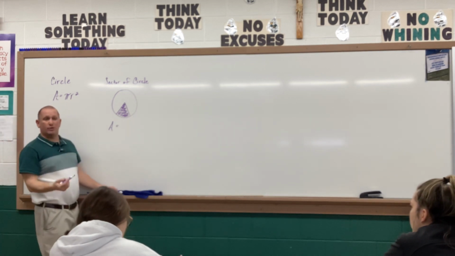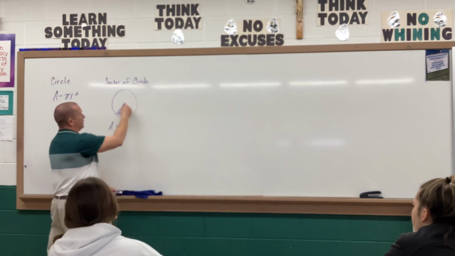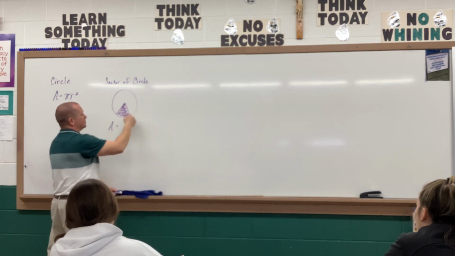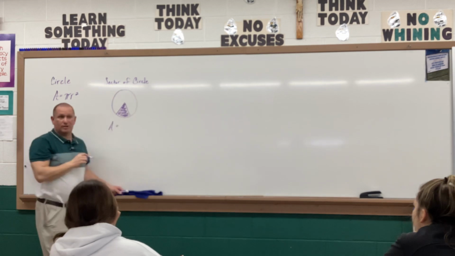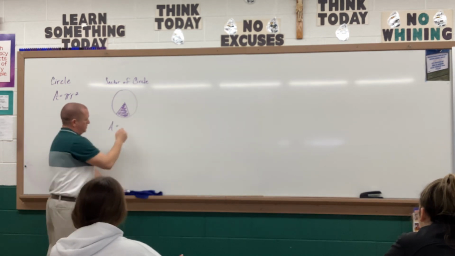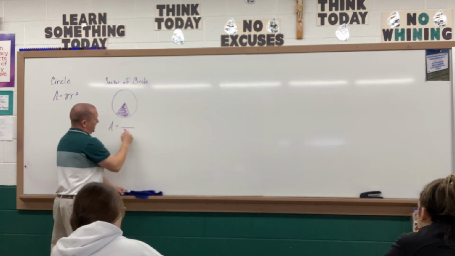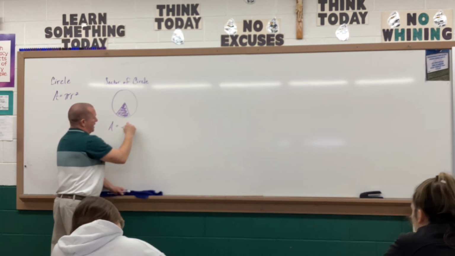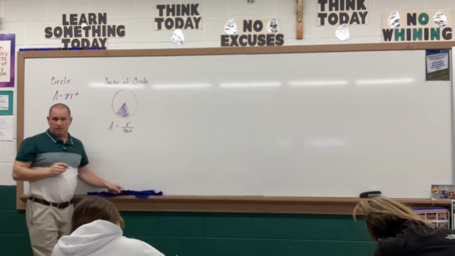So how do I show that? What portion is this shaded area of my 360 degrees? So basically, you're going to have a fraction that's 360 degrees, and then I'm going to put x degrees here.